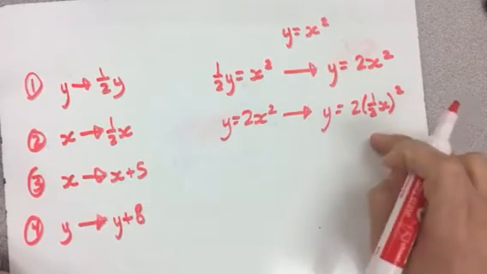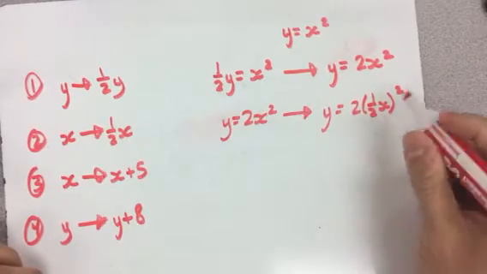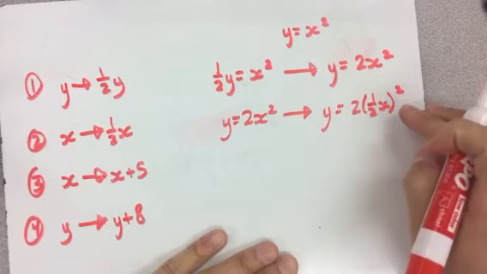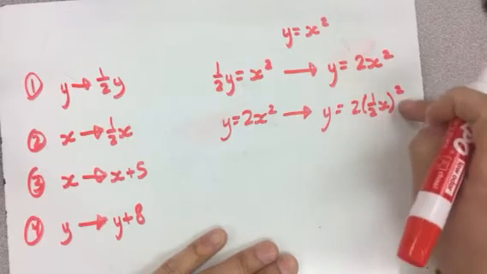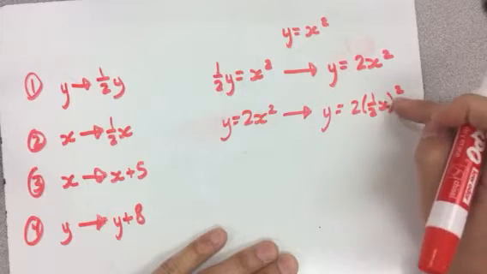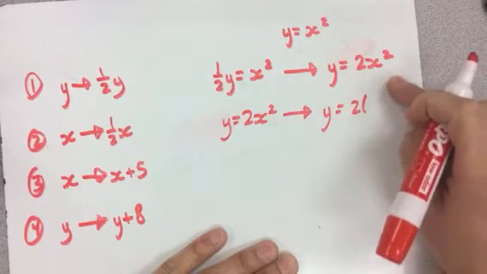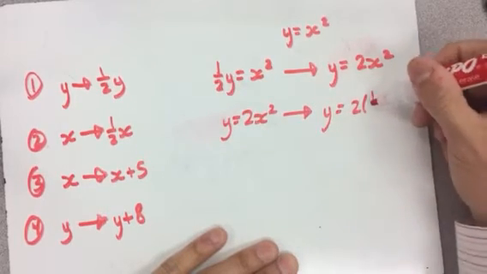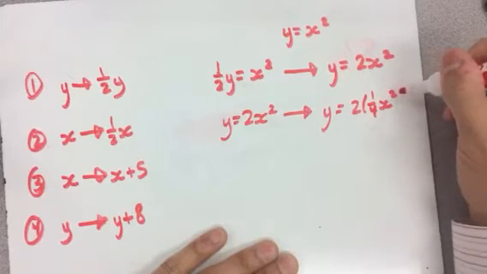If I simplify this expression, well, if I square everything inside my brackets, that's going to give me 2 times 1/4 x squared.